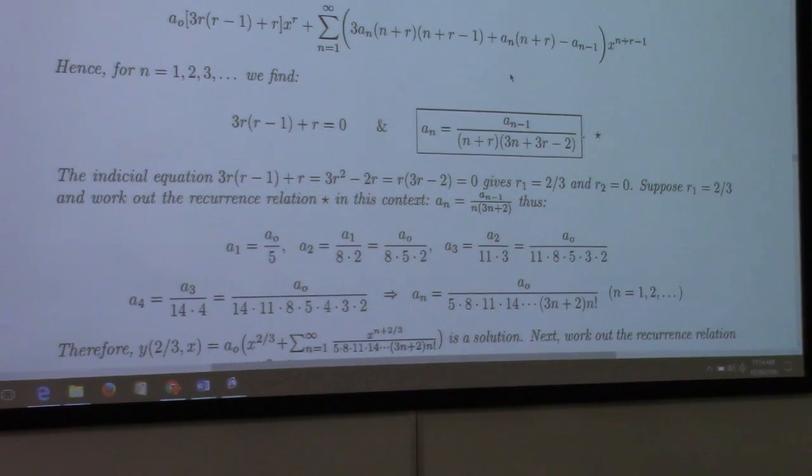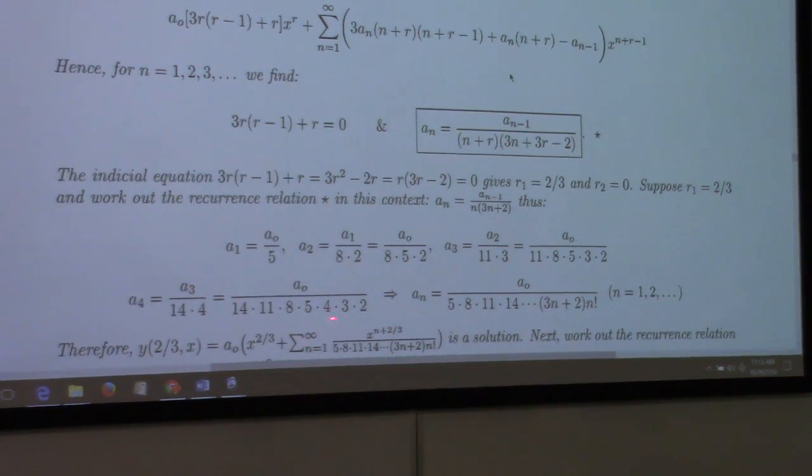Anyway, so if you stare at this long enough, you can see that the pattern is 5 times 8 times 11 times 14 times 3n plus 2 n factorial. See what I'm doing?